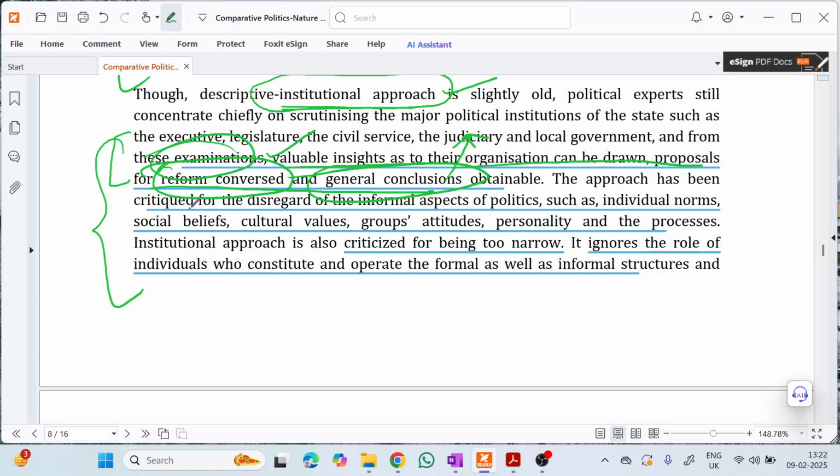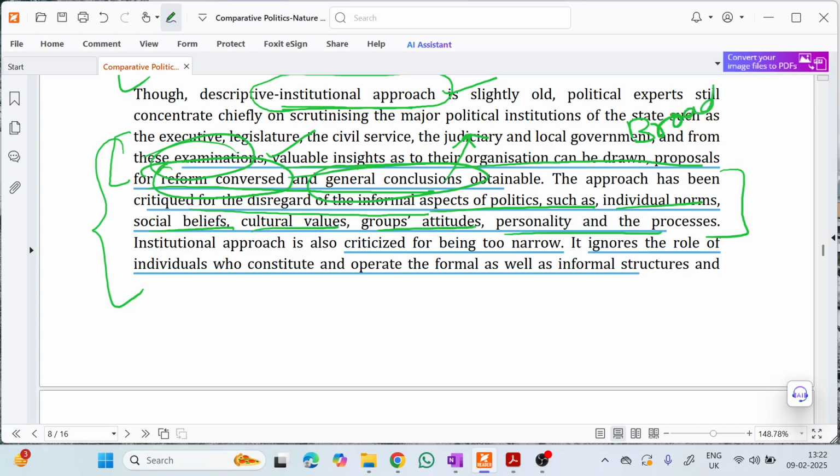This approach has been criticized for its disregard for informal aspects of politics, such as individual norms, social beliefs, cultural values, group attitudes, personalities, and processes. So, in short, the major criticism of this institutional approach is that it ignores the individual or informal aspects of politics. These informal aspects should be taken into account to give it a broader outlook.